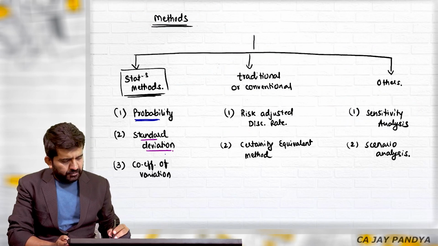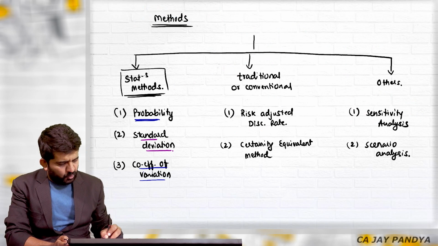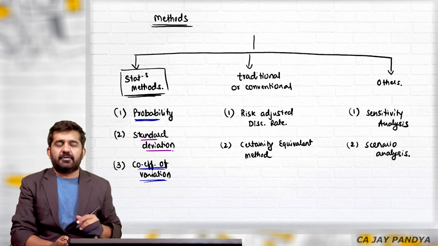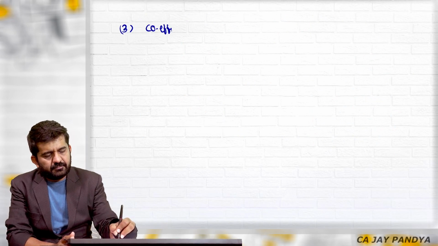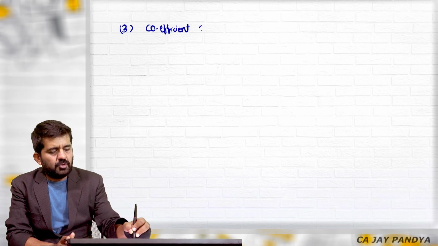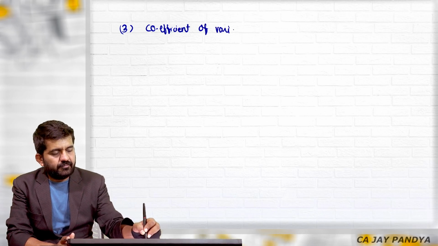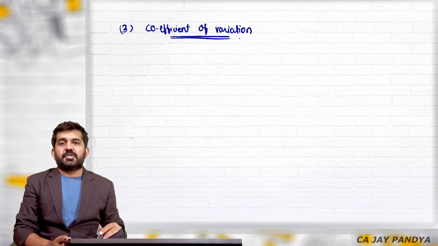Let us go to the third one, that is the coefficient of variation. Third method, coefficient of variation.